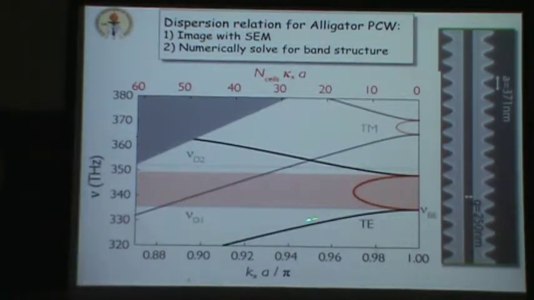And what we want to do is push the cesium D1 transition at 894 nanometers here, and D2 at 852 here. And this calculation is: take that SEM image, digitize it, put it into an FDTD solver, and calculate the band structure. This is not from the AutoCAD which we started with.